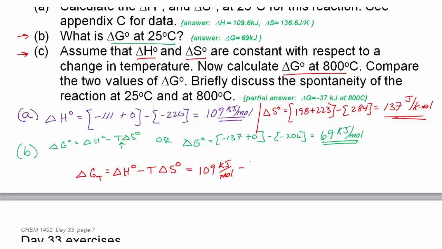Temperature is 800 degrees Celsius. 800 plus 273, that'll be Kelvin. And my entropy is 137, which is 0.137 kilojoules per Kelvin mole. And what do I get? Okay, the final answer, I get negative 38 kilojoules per mole for part C.